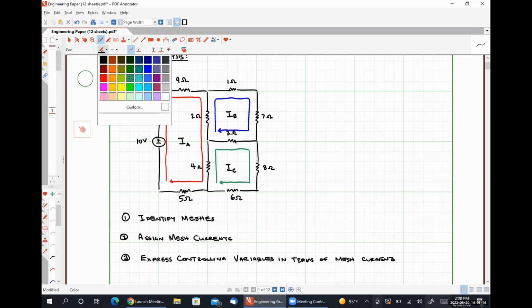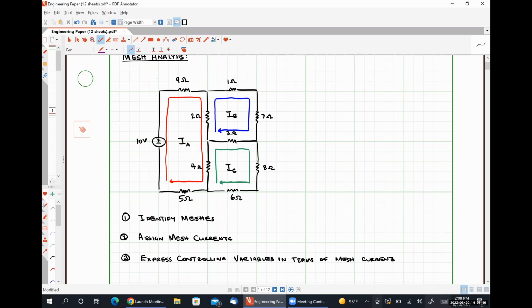let's say that we were interested in knowing the current flowing down through this 4 ohm resistor, which I'm going to call IX. And we were also interested in this voltage drop across the 1 ohm resistor, which I'm going to call VY.